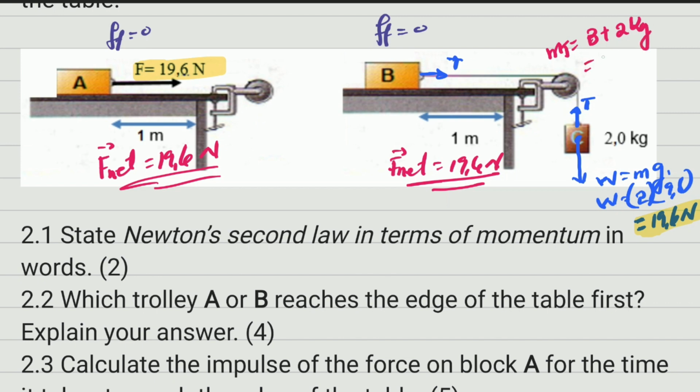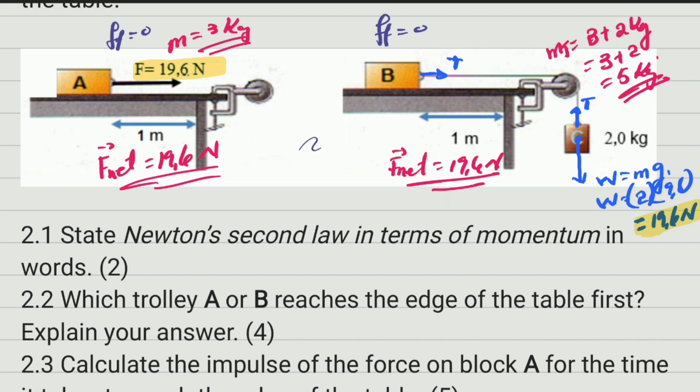If you substitute, 3 plus 2 is equal to 5 kilograms. But in this trolley here, in the first one, the mass of the trolley is only 3 kilograms. So you are applying the same force but to two objects with different masses. Therefore, the rate of change in velocity, which is the acceleration, will be greater in the first case.